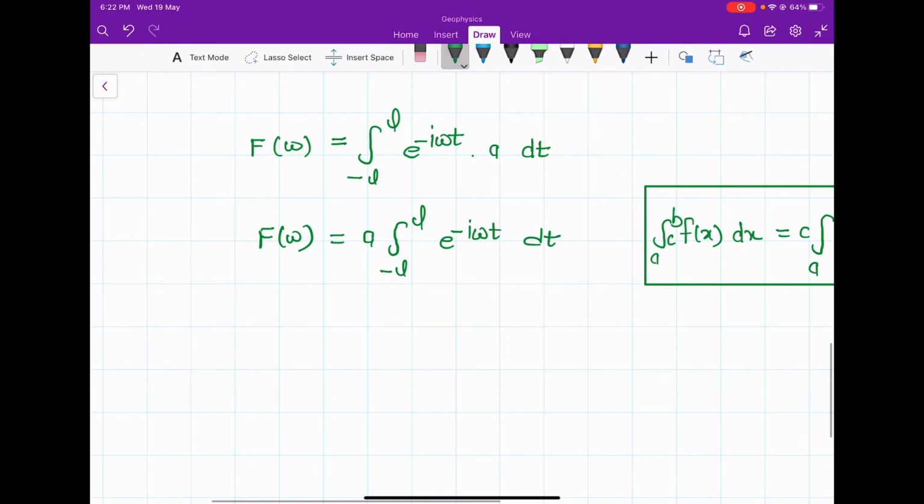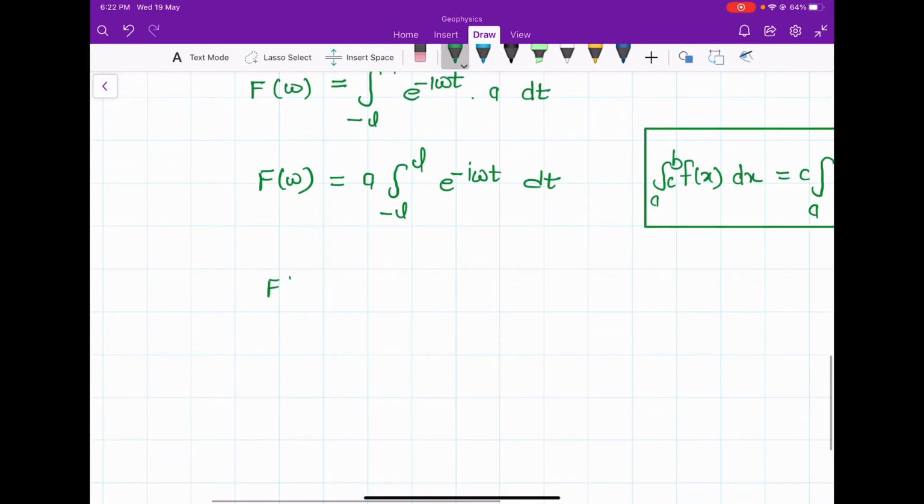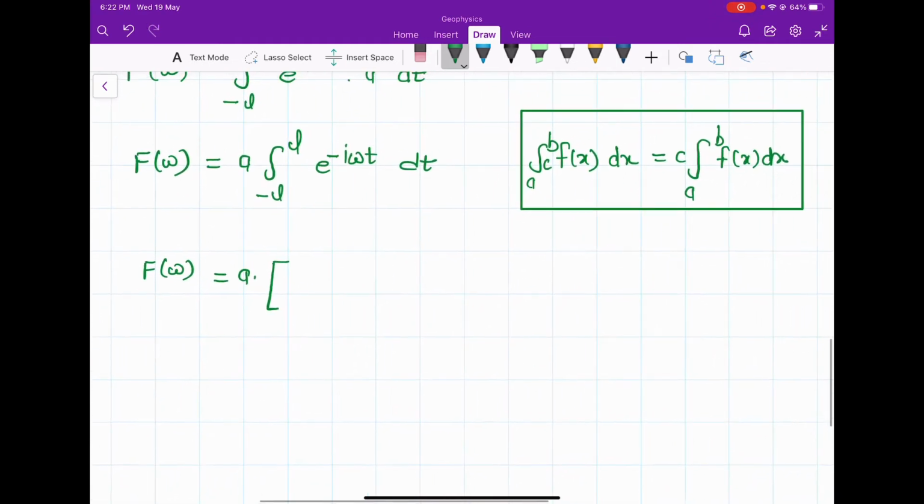Now F(omega) is equal to A times the integration of e to the power minus i omega t, which I told you yesterday, e to the power minus i omega t divided by minus i omega, and this will be your lower limit and this will be your upper limit.